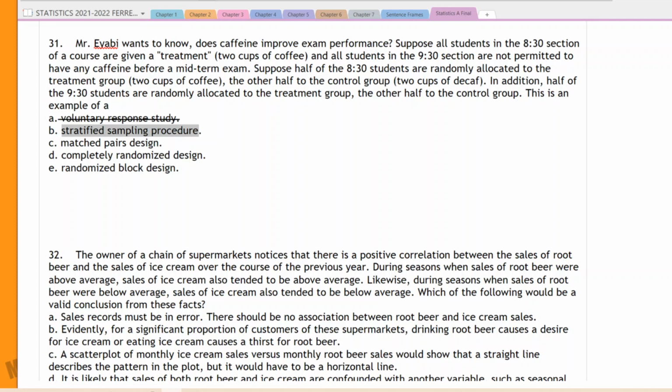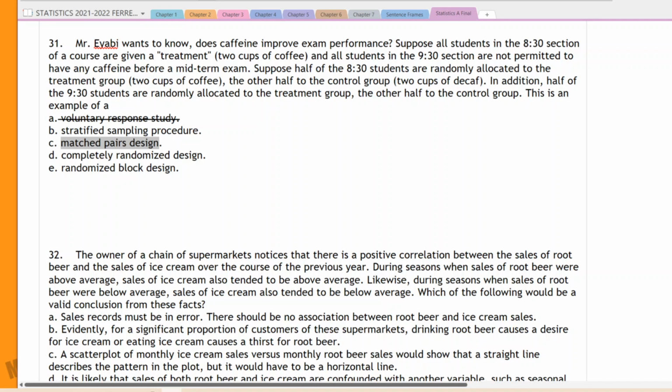So the 830 and 930 are different with respect to caffeine. However, I think I'm going to hold off on calling this a correct answer because even though stratified sampling was used, this isn't really just a sample. We're actually giving them a treatment, so I'm not sure about that.